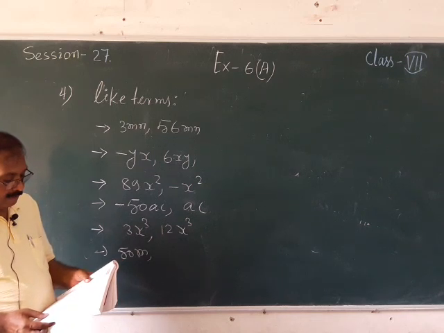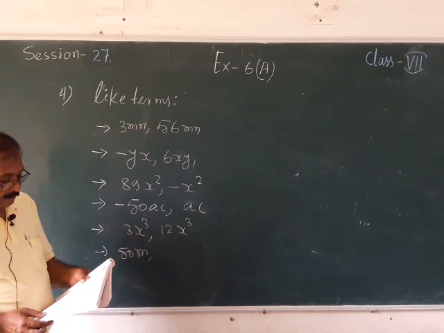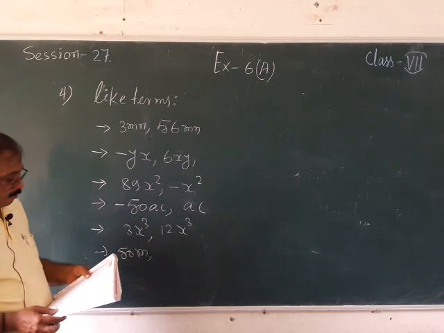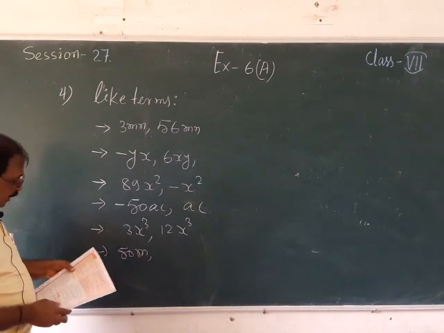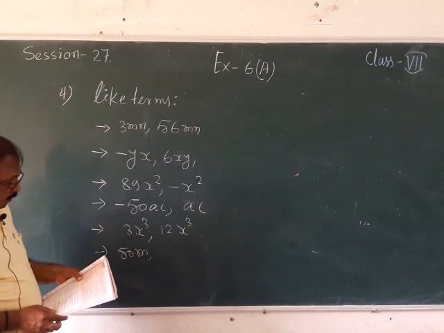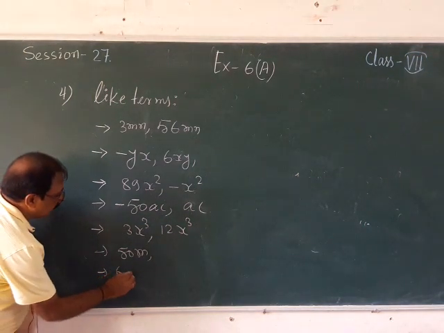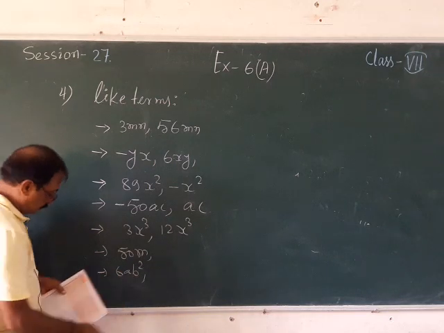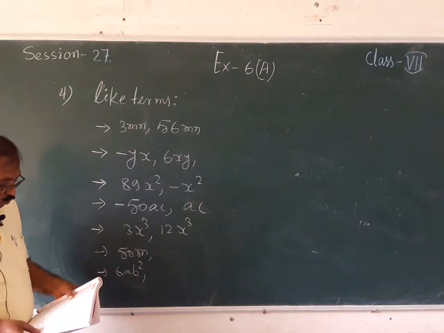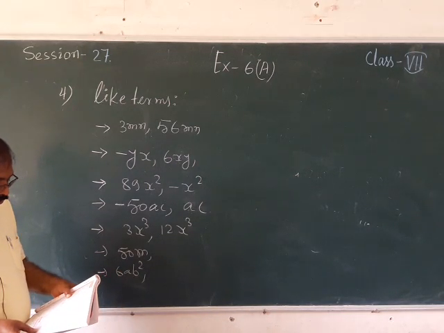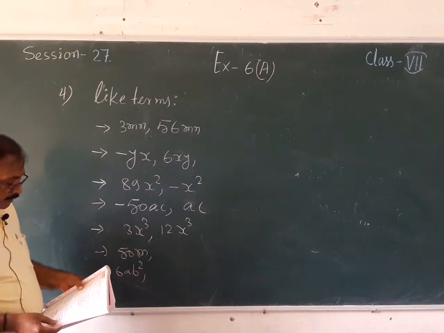Now no extra m is there, so keep it like that. Then x square, one term is x square. Then 6ab square, there are no extra terms, so 6ab square is single there.